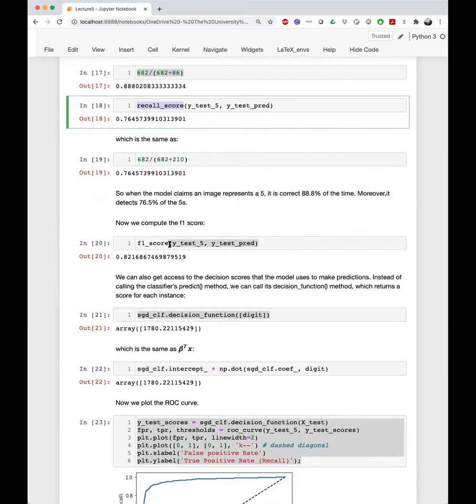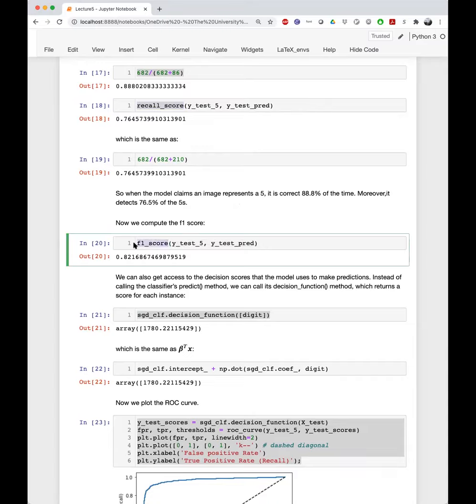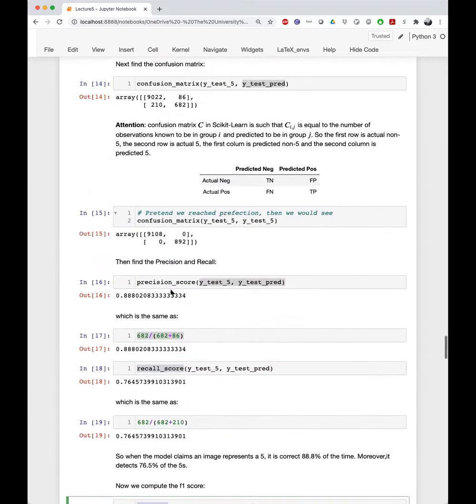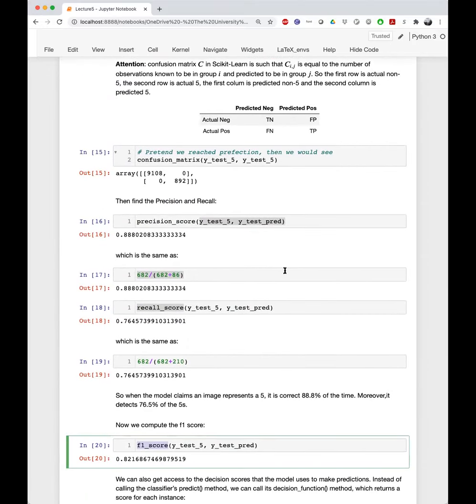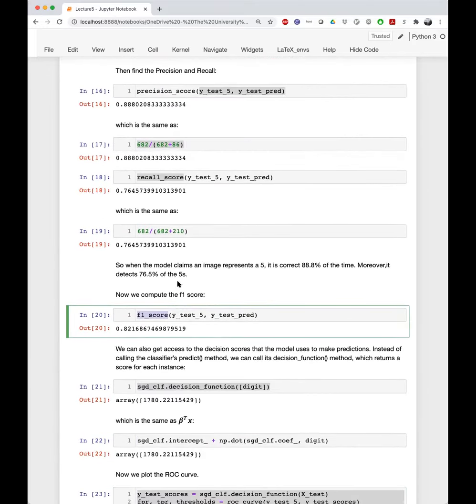And what about F1 score? You can also get F1 score by just calling f1 score. It's also imported from the same package, to get about 0.82. This makes sense because the precision here is 0.88 and the recall is 76.5.